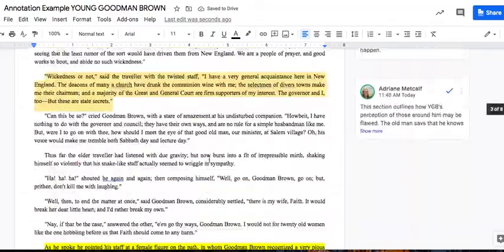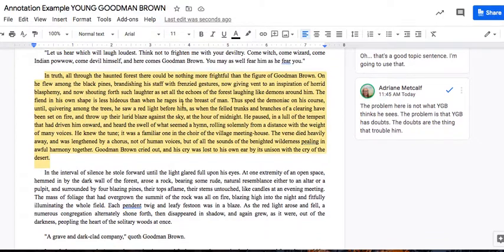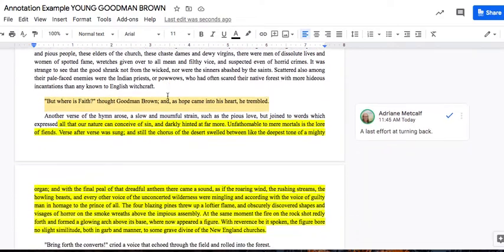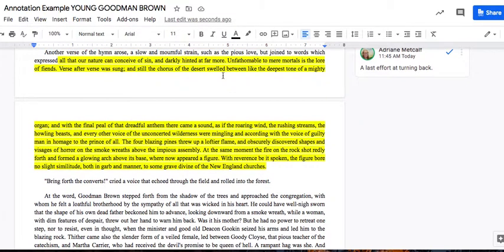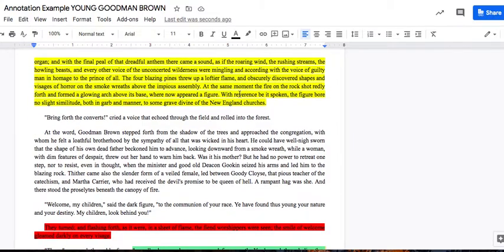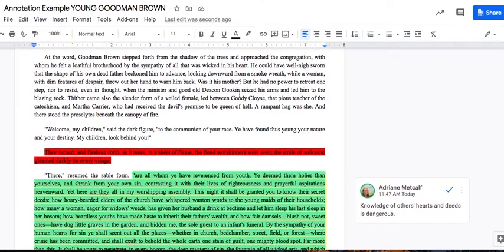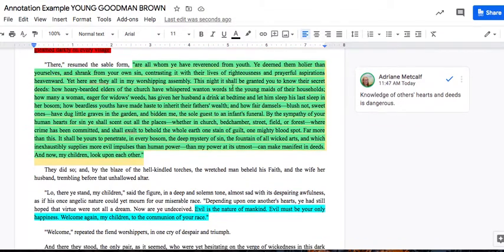Let's see, towards the end it uses some haunted forest, all that our nature can conceive of sin, and darkly hinted at far more. Unfathomable to mere mortals is the lore of fiends. Let's see. Looking here, trying to see.